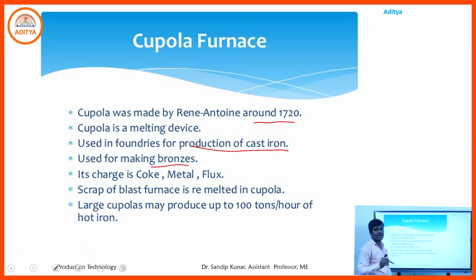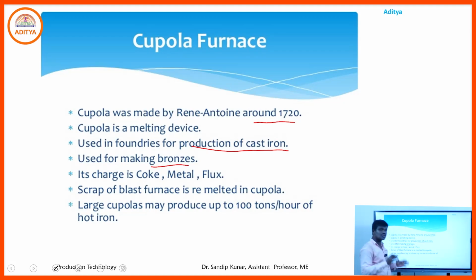In the cupola furnace, flux, coke and metal are used. Scrap of the blast furnace and different scrap materials can also be remelted again in the cupola furnace.